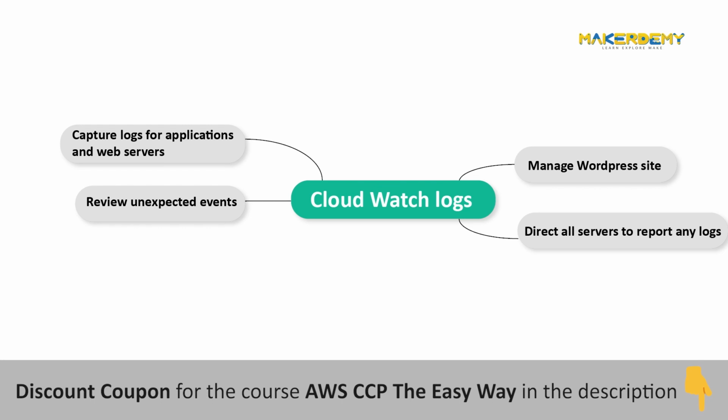Wouldn't it be nice to simply go to a single place to look up the system logs? With CloudWatch logging, you can direct all the servers to report any logs you want, even applications specific to CloudWatch, and review the logs with a point and click. You can also export the logs and use your favorite third-party tool to perform very detailed analysis.